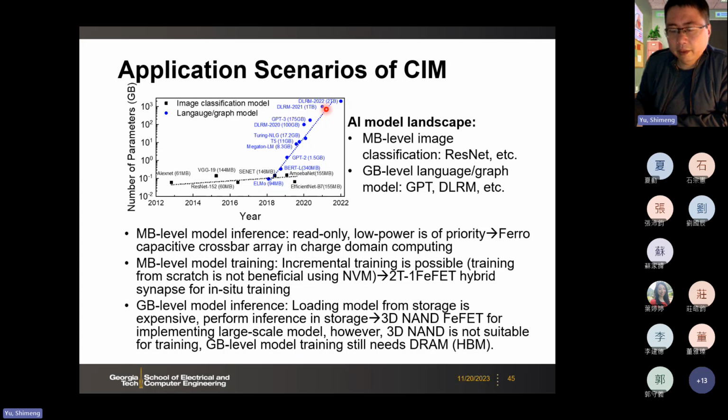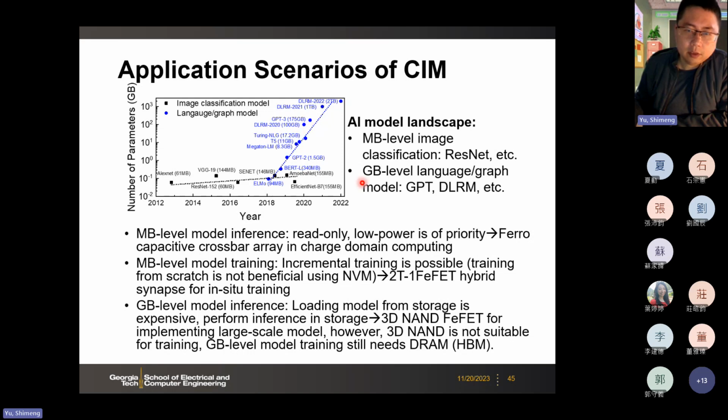GPT-4, even OpenAI didn't disclose the size, but people predict it's like 1 terabyte. And also Facebook's deep learning recommendation system for their advertisement and social network recommendation, it's like 1 terabyte. So this is a huge space.